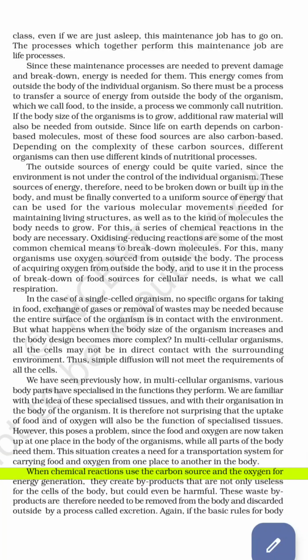When chemical reactions use the carbon source and oxygen for energy generation, they create byproducts that are not only useless for the cells of the body but could even be harmful. These waste byproducts therefore need to be removed from the body and discarded outside by a process called excretion.